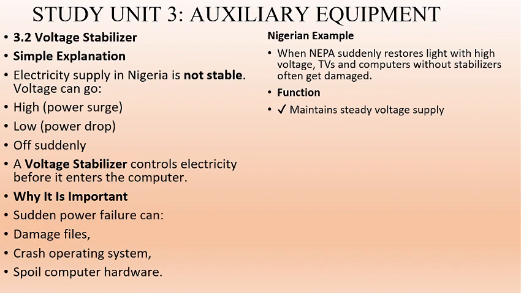That is the kind of damage an unstable electricity supply in Nigeria can cause us. You might have taken 2 hours of your time to type something, but because you did not save it, when they take the light suddenly, the document is gone. You have to start again. That is that.